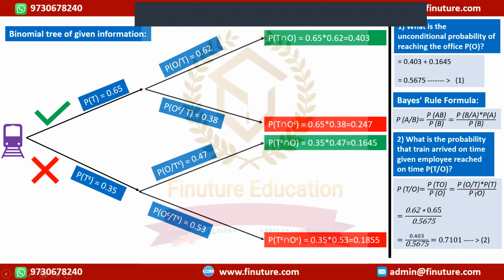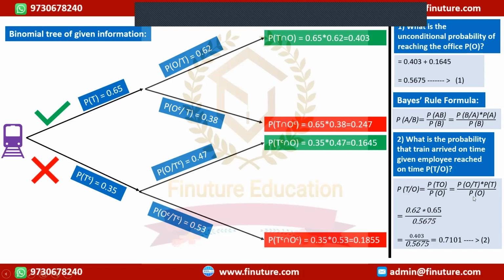So the only tricky part is that this is already given to you. So probability of O given T is 62%, times the unconditional probability of the train being on time, which is 65%. So 0.62 times 0.65, which we already calculated initially because we knew that it would be required. So it's 40.3%.